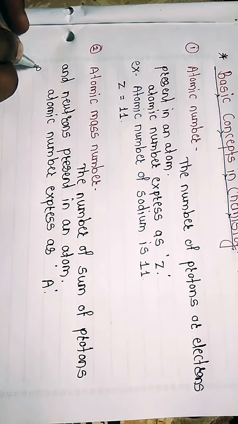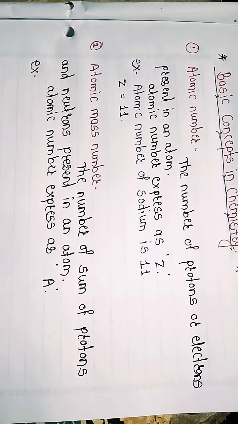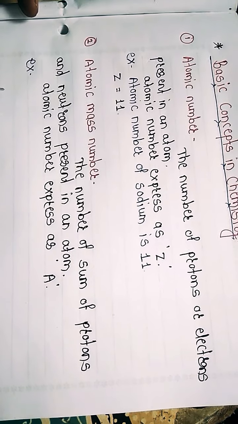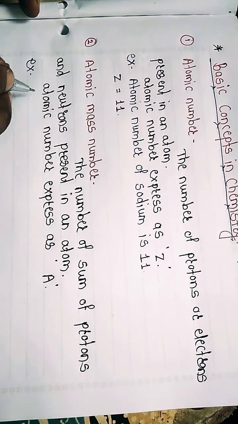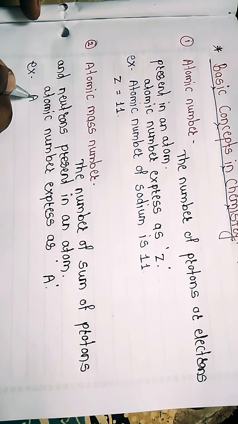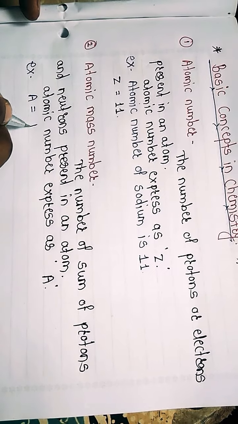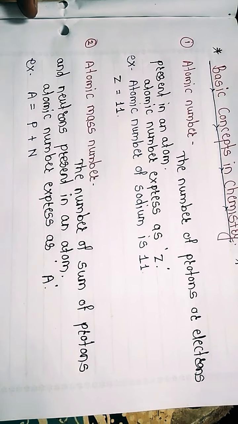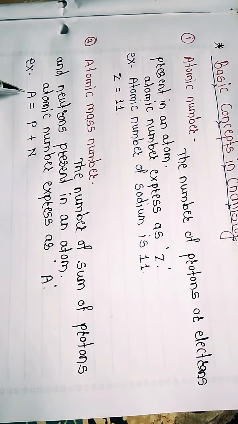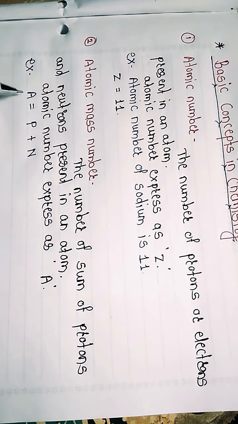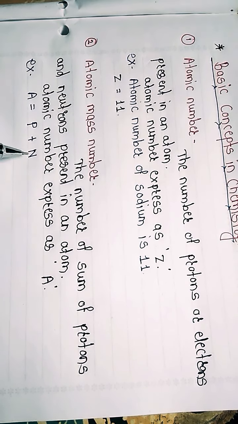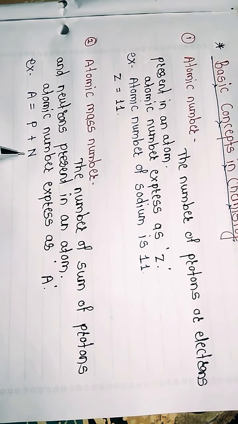Example: we are taking the example of sodium element. A is equal to P plus n, which means A is the atomic mass number, P is the number of protons present in an atom, plus n, the number of neutrons present in an atom.